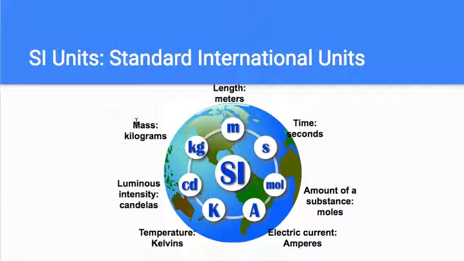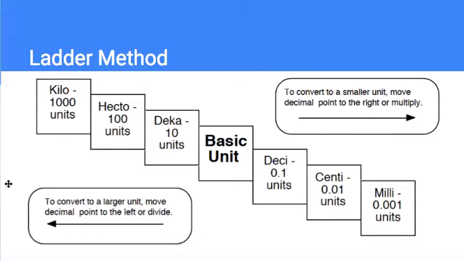And for mass, it's called kilograms. The ones that are really important to know are mass, length, time, amount of a substance. Amps and candelas are a little less important, especially this semester, because we won't be dealing really very much with electricity. But they're still helpful to know.